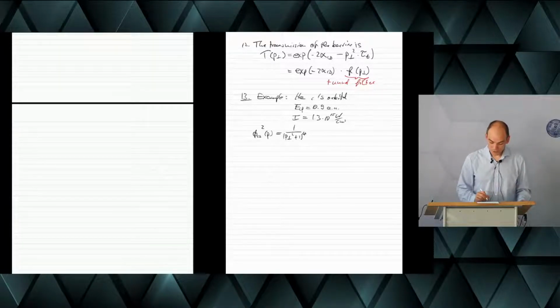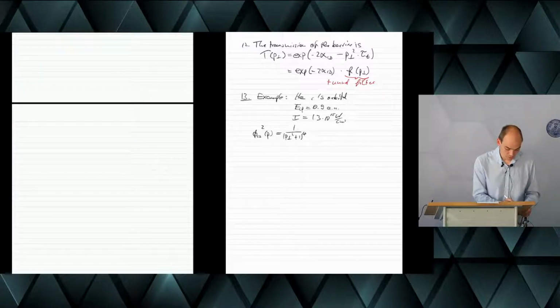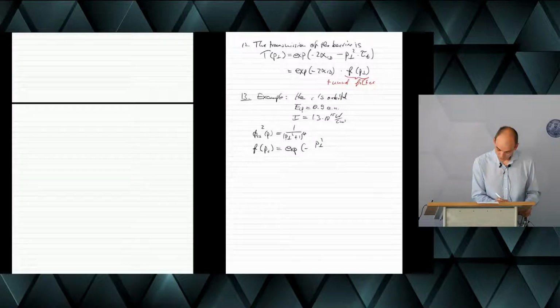Good. And then our tunnel filter is exponential minus p squared over 2 tau t.